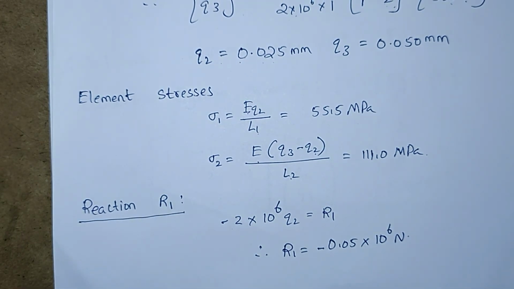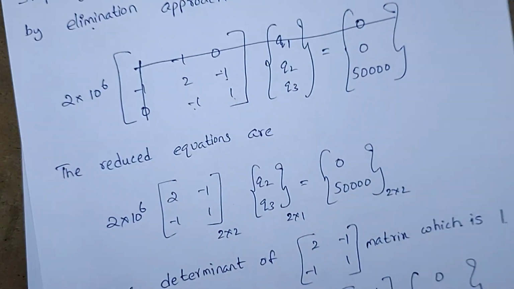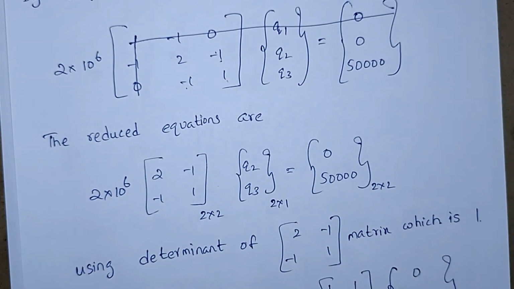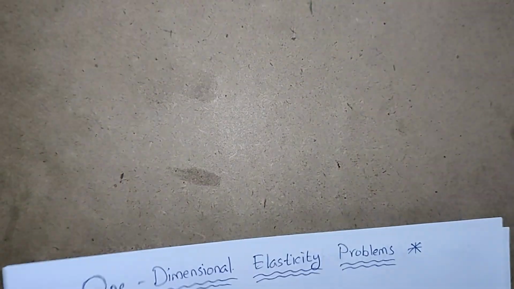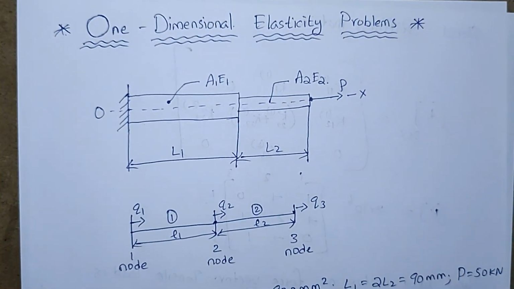Okay, so that's all, friends. I think all of you understood today's problem. Definitely you will get this type of problem regarding one-dimensional elasticity. The main thing is we have to understand the question. Until and unless we understand the question, we cannot go for the solution.